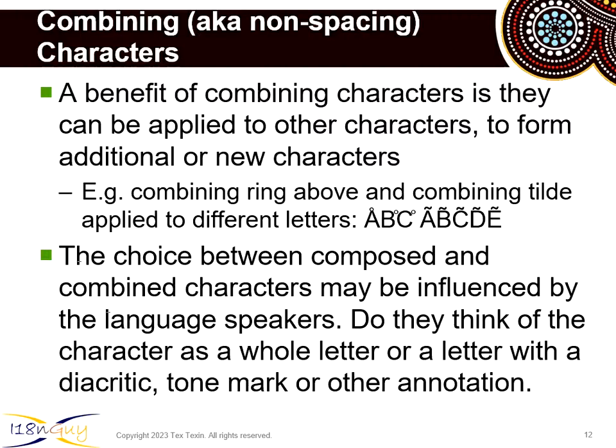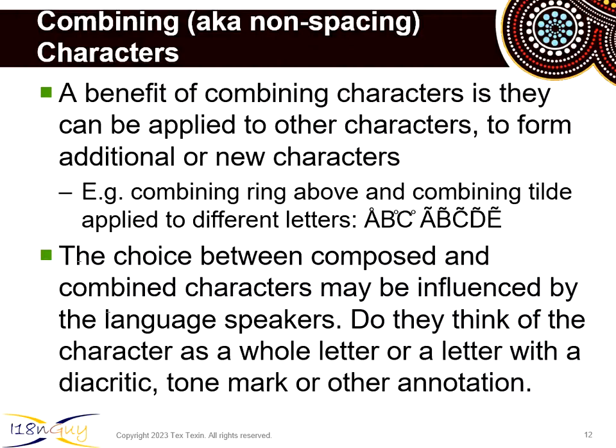As a keyboard designer, the choice between composed and combined characters might be influenced by the speakers of the language that you're working with, right? Do they think of the character as a whole letter, or a letter with a diacritic or a tone mark or other annotation?